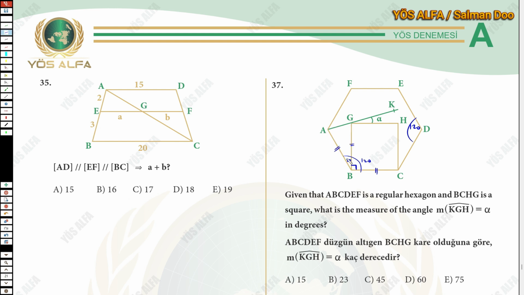So since this angle is 30, this must be 75, and that is also 75, so that we have the summation of the interior angles as 180. So this is 90 since this is a square, so the summation of this and alpha must be 90. Since this is 75, alpha is 15. So the answer is A.